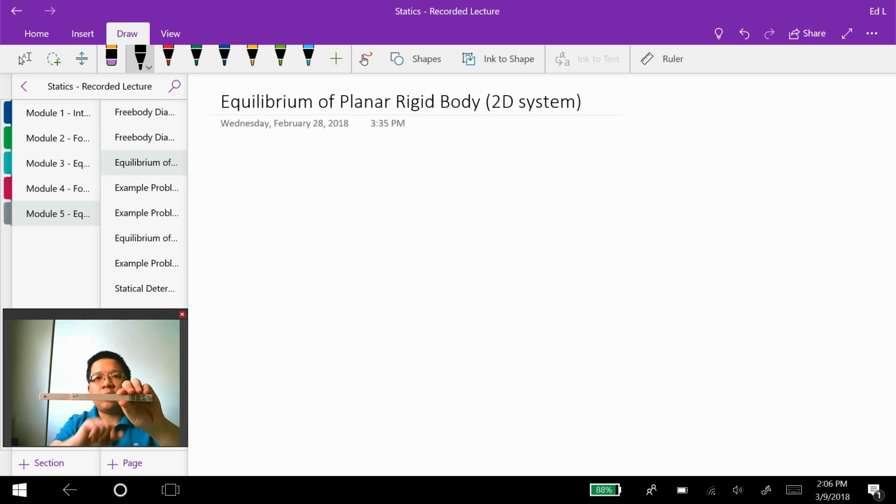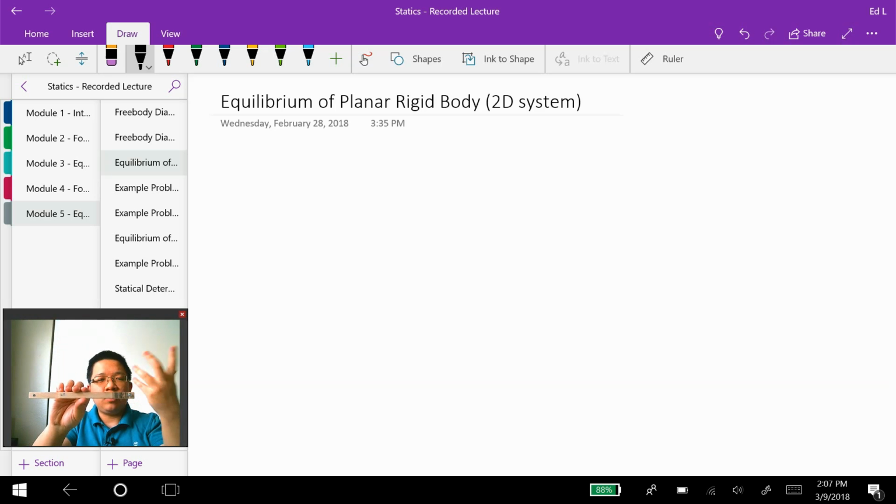However, there is one additional motion, which is rotation. So a rigid body located on a two-dimensional plane has three rigid body motions: vertical, horizontal, and rotation.